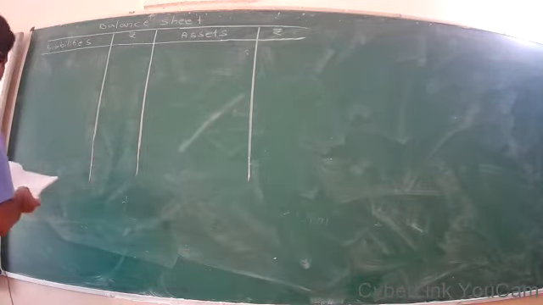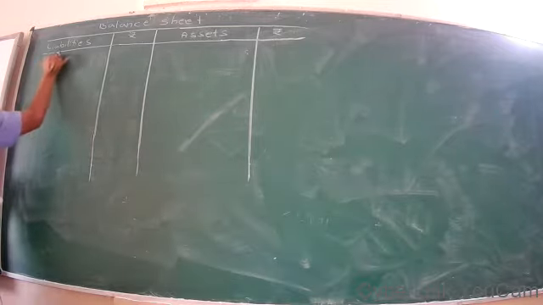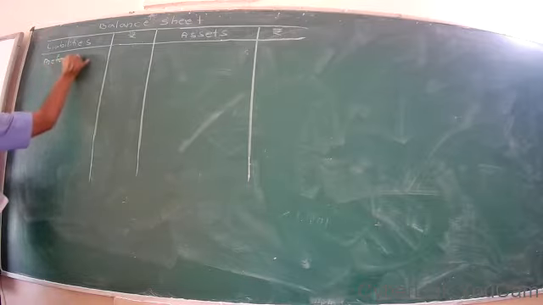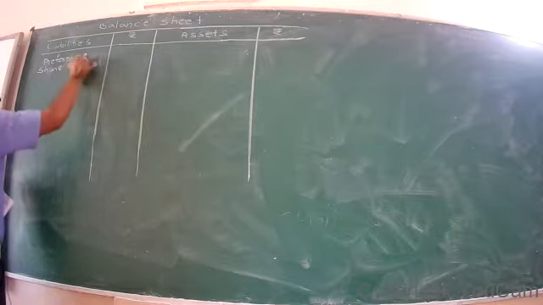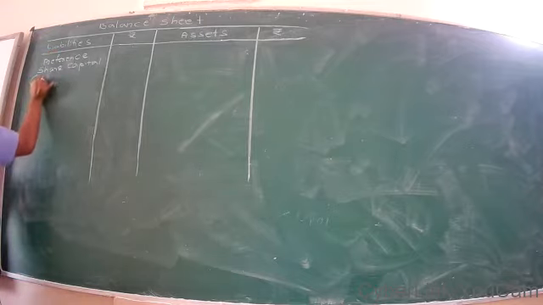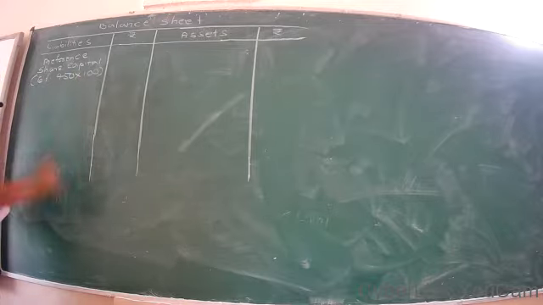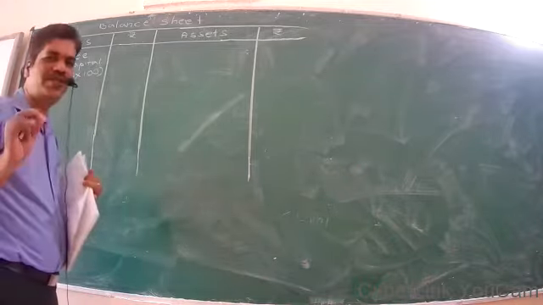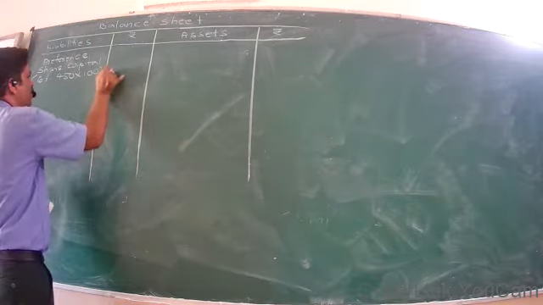On the liability side, the first item is preference share capital, 6%. The number of preference shares is 450 and each preference share carries 100 rupees, so 45,000.